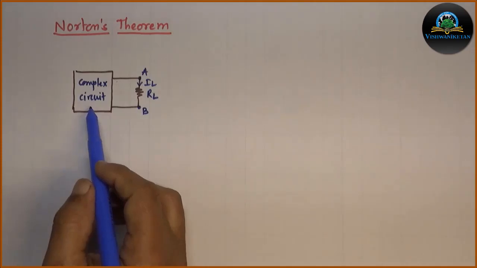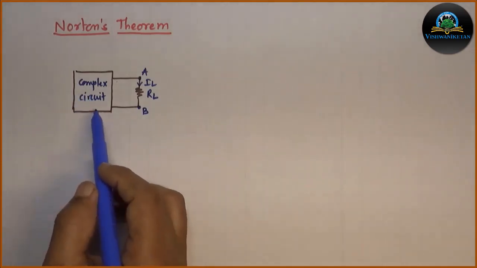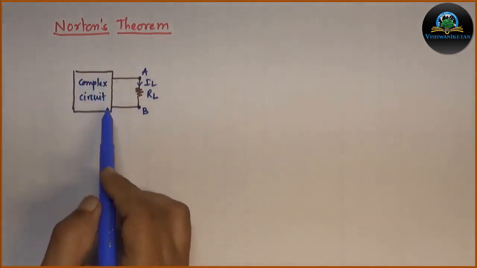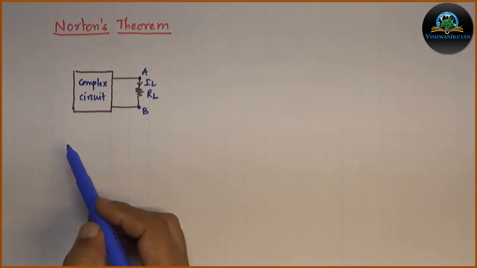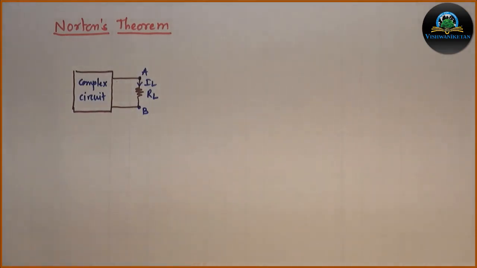This circuit, that is a complex circuit in the box, can be replaced by Thevenin's theorem in Thevenin's circuit. Similarly, this complex circuit can be converted into Norton's equivalent circuit as follows. So let us draw the Norton's equivalent circuit.